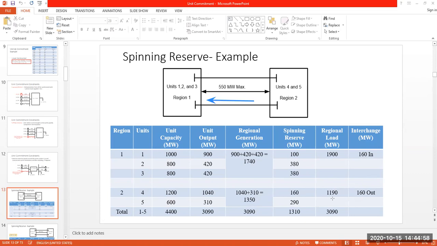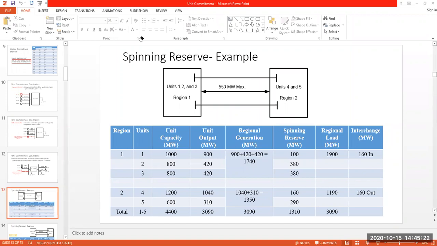Your load is 1190, but you have to produce surplus power to meet the demand in region 1. So this is 160 megawatt going into region 1, and this is 160 megawatt coming out of region 2. Any question up to now?